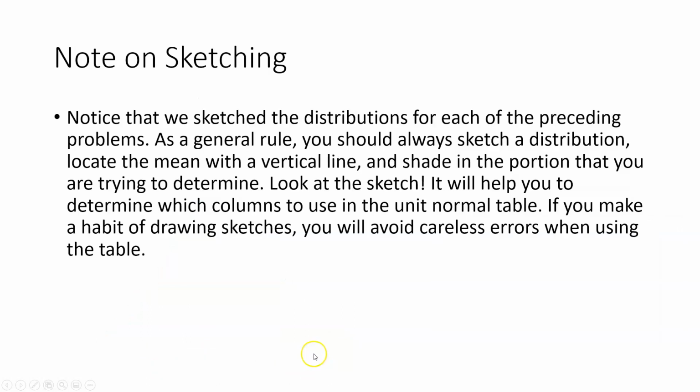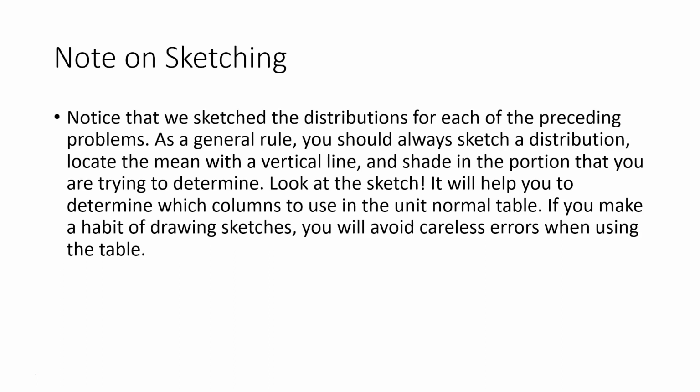Now I want to make a note really quick here on sketching. You probably noticed that in each of the problems that we went through before, we sketched a distribution. As a general rule, you should always sketch a distribution. You should locate the mean with a vertical line and shade in the portion that you're trying to determine. Remember, look at the sketch.